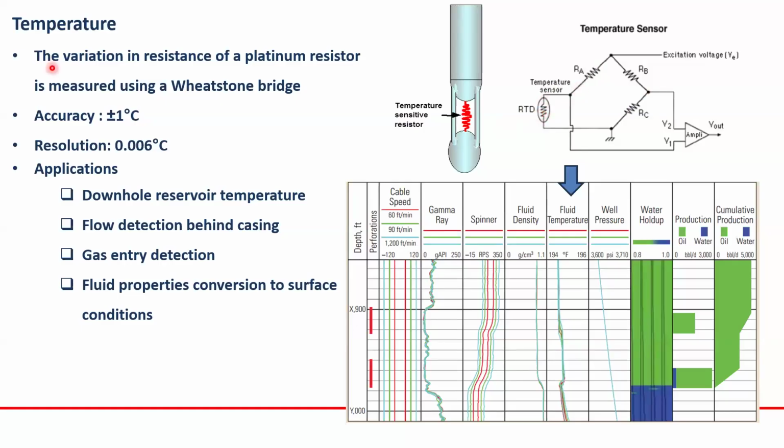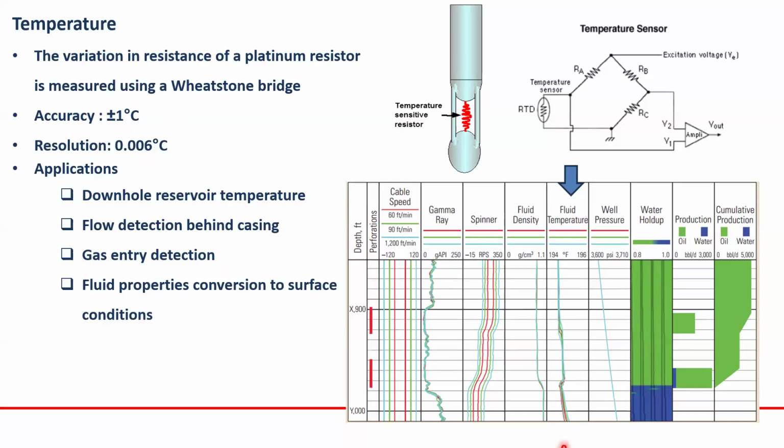Okay, so the variation in resistance of the platinum resistor is measured using a Wheatstone bridge, accuracy plus or minus 1 degree centigrade, resolution 0.006 centigrade, and applications: downhole reservoir pressure, flow detection behind the casing, gas entry detection, fluid properties, conversion to surface conditions.